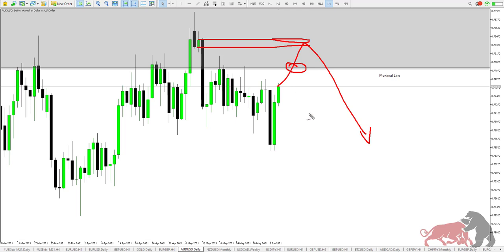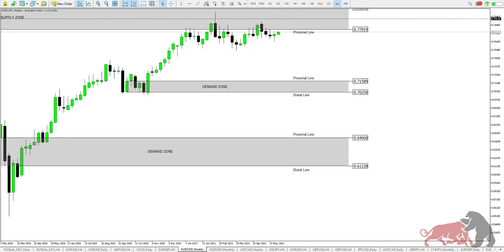Yes, you can open a trade the moment the price reaches 0.77900 or 0.7800. You can open a short trade there, but you just have to make sure your stop loss is well above 0.79220.